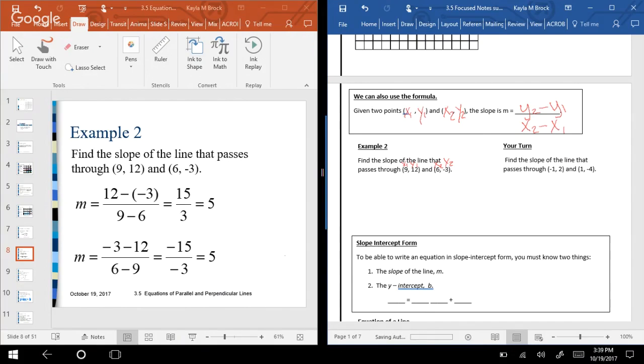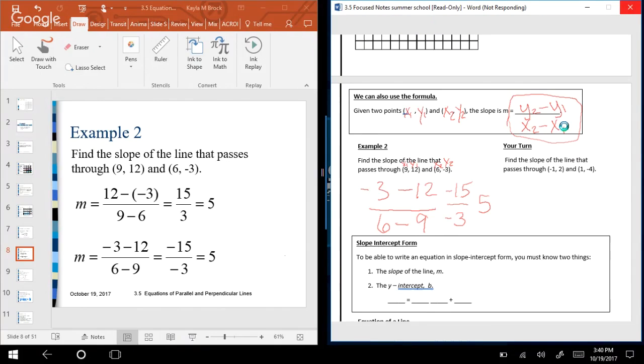So we're going to plug it into this formula. y2 is my negative 3, subtract y1, which is 12. x2 is 6, subtract x1, which is 9. So negative 3 minus 12 will be negative 15. 6 take away 9 is negative 3. 15 divided by 3 is 5, and a negative divided by a negative is a positive.